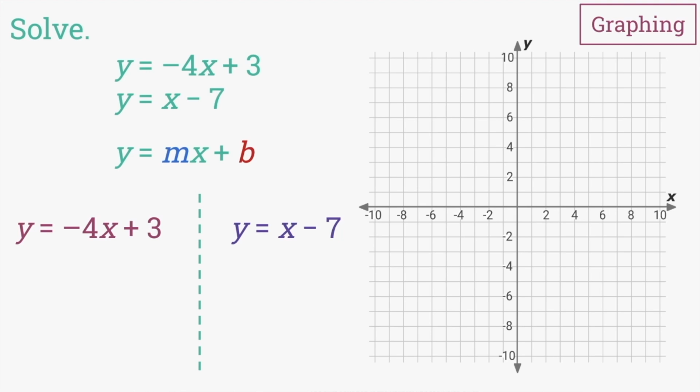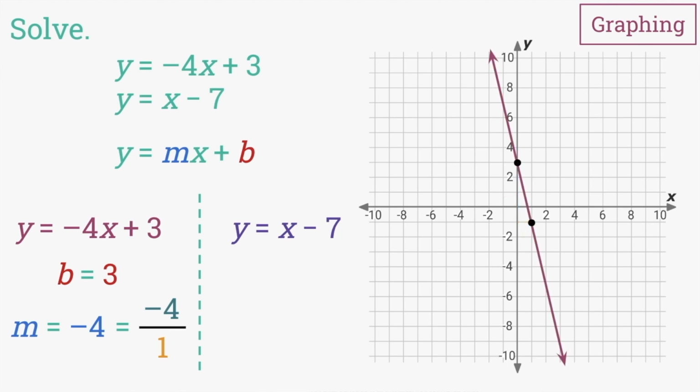That means for our first equation, our y-intercept is 3. Let's graph it. And our slope is negative 4, or negative 4 over 1. So starting at the y-intercept, we'll move down 4 units and to the right 1 unit. Now we'll plot a point and connect the 2 points with a line. So here is our graph of y equals negative 4x plus 3.